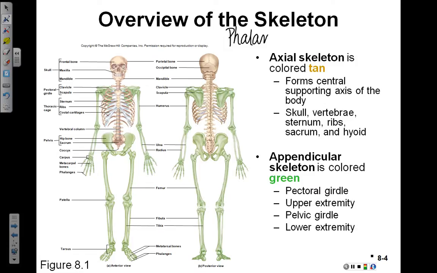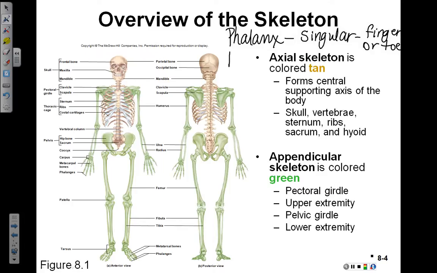On your word bank, you probably see this word here, phalanx. I think I was seeing it last Saturday, and some of y'all were looking at me strange, like, what? Okay. Phalanx, of course, is going to be singular because you're talking about one finger or one toe. So when I hold up one finger, you have what? Your proximal, your middle, and your distal phalanx.